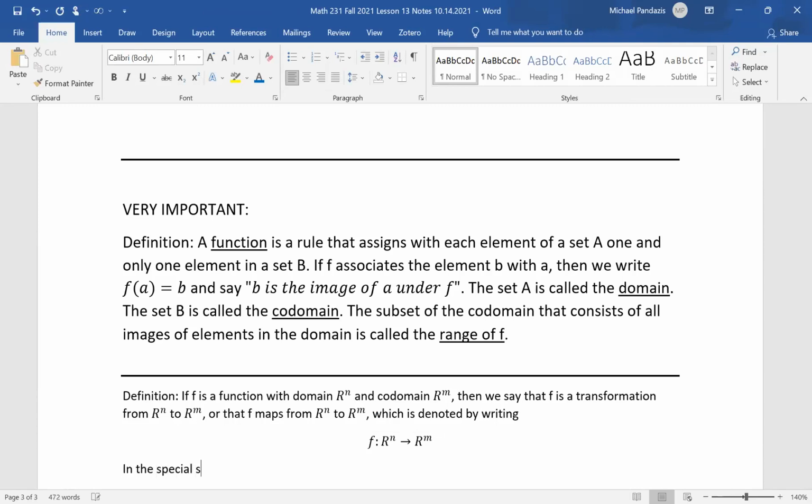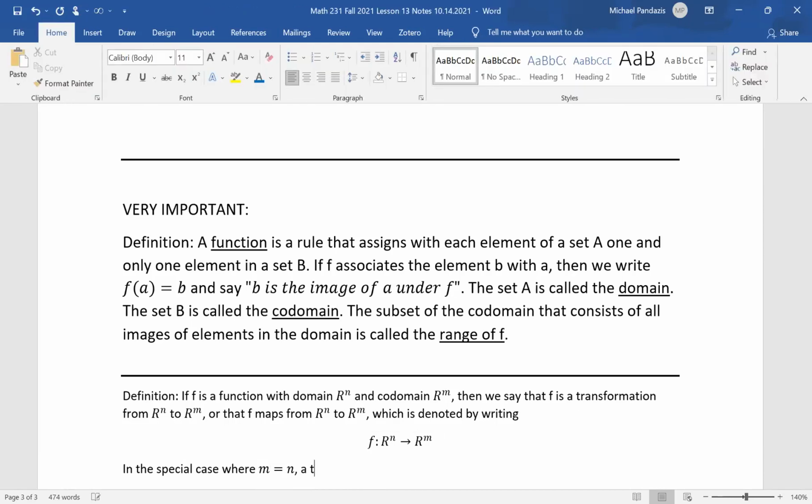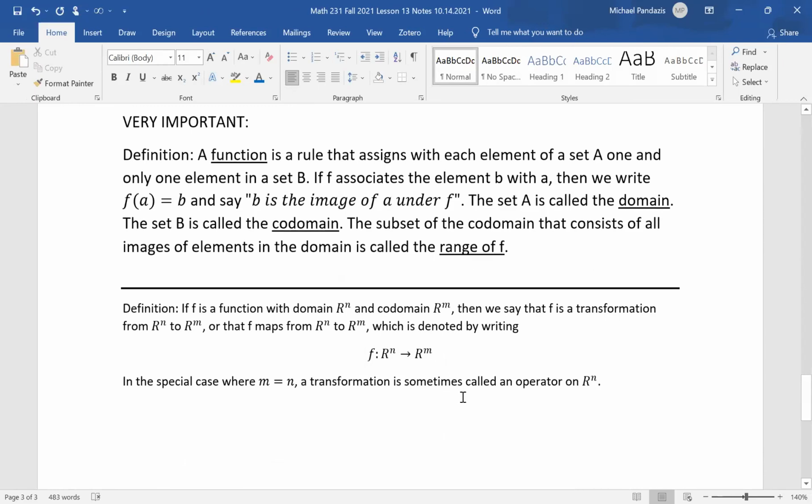In the special case where m equals n, a transformation is sometimes called an operator on Rn. Okay, so F is a transformation from Rn to Rm.